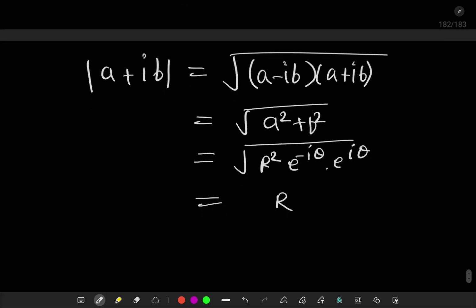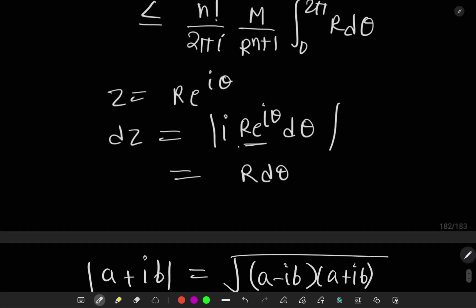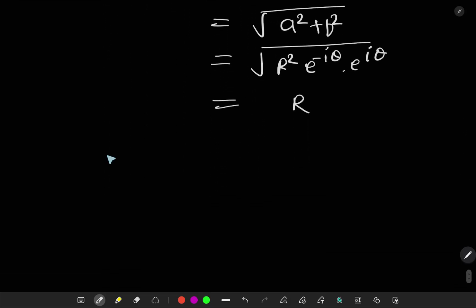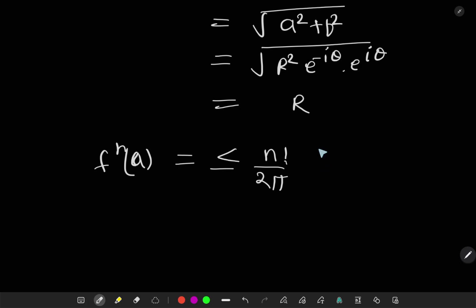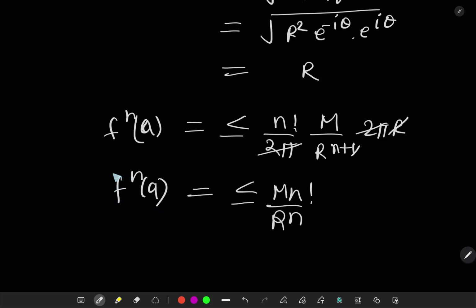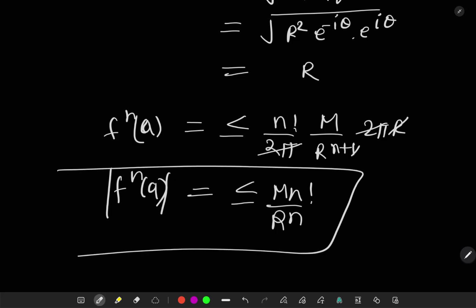So putting this value in this formula, we get this, and after integration you can write M/r^(n+1) · 2π r, and this 2π is cancelled out by this, and this r is cancelled out by this, so this equals M n!/r^n. Hence proved.